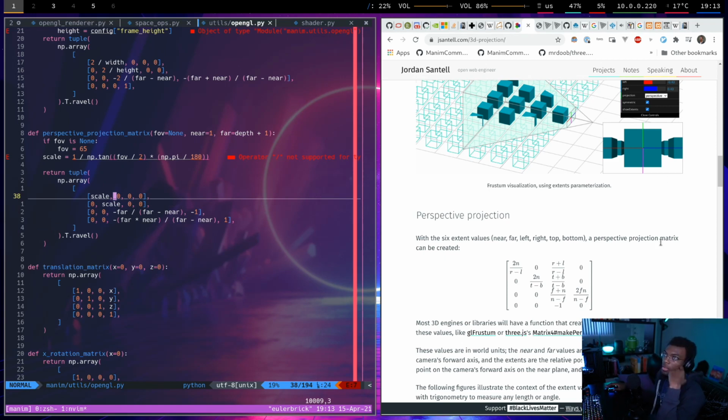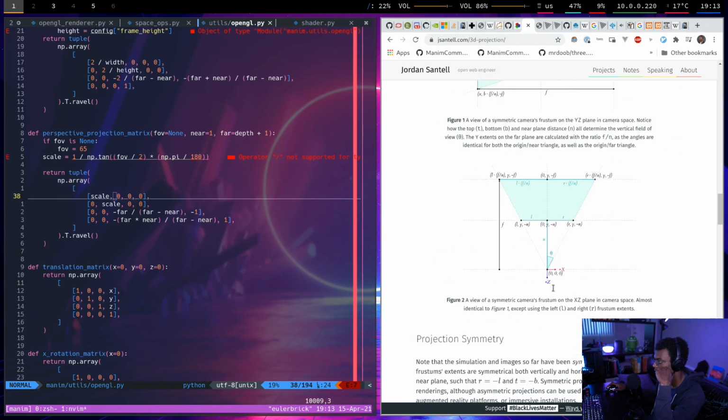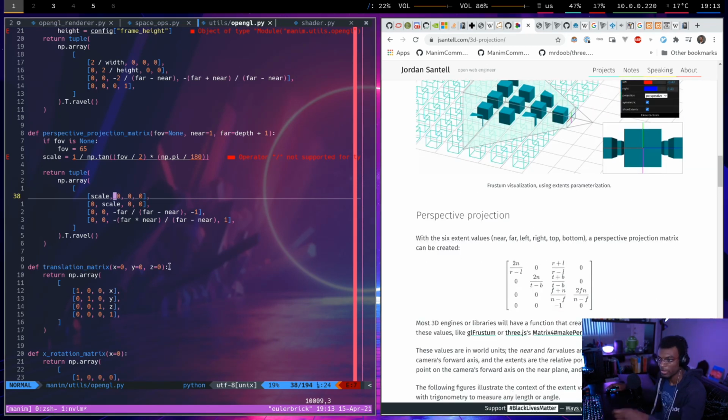Though I guess in the formula that I'm using, right and left must be the same thing. Right? I guess that still doesn't make... This would be like 2 times right divided by... This would be divided by 0. Top and bottom would also be the same thing. So this would be divided by 0. Maybe that's why these are zeros in this. No, I don't know. I'm just going to try using this formula.